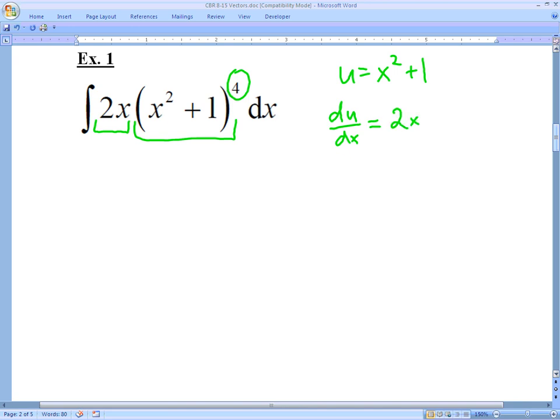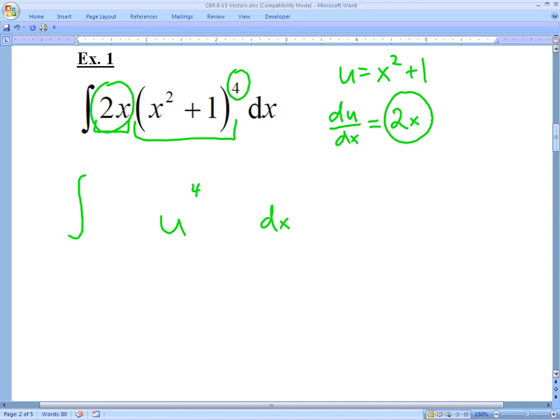Now I go back to my original integral. My original integral was some stuff to the fourth power, and I'm going to write that as u to the fourth power, all dx. Notice I've left some spaces. You'll also notice that there was a 2x in this problem. Well, lo and behold, my derivative of u in terms of x is equal to 2x.